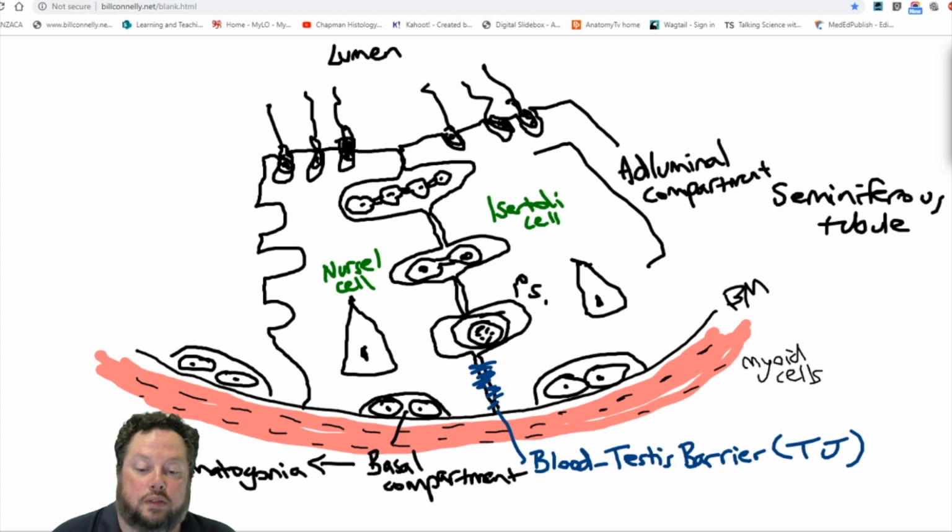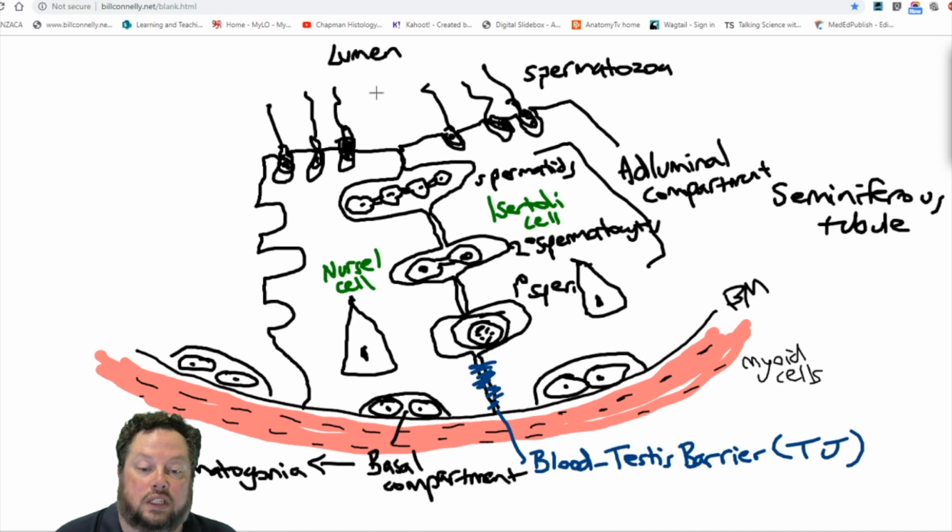So here we have our primary spermatocytes, our secondary spermatocytes, our spermatids, and then here are our spermatozoa, sitting close to the lumen here.